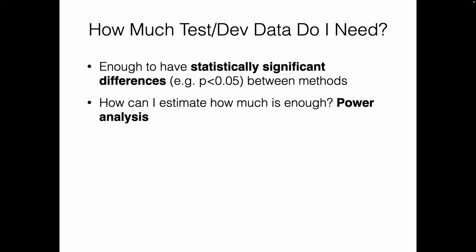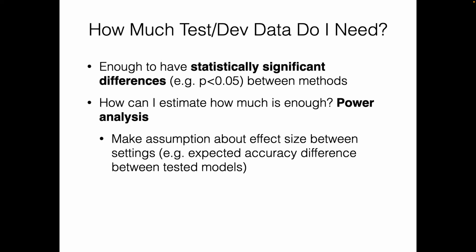But there are techniques for trying to estimate how much data you need. So one is called power analysis. Here we want to make some assumptions. You want to have some accuracy difference in mind, first of all. I'll actually go through this in detail.